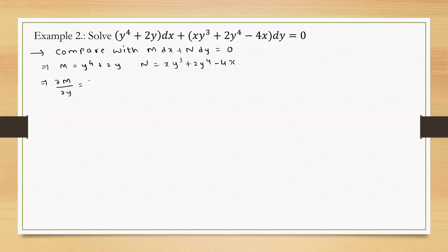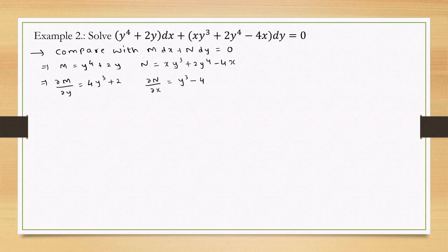It is 4y cube plus 2, and dou n by dou x is y cube. With respect to x, 2y raised to 4 is 0, and this is only minus 4, right?